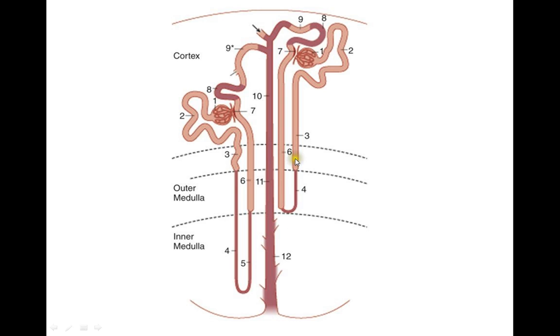Number 11, the outer medullary collecting duct, which is located in the outer medulla, and number 12, the inner medullary collecting duct, which is placed in the inner medulla. And finally, we reach the papillae. The urine which has been formed is drained from the collecting duct into the papillae, and after that into the minor calyces. Here is the place for the minor calyx.